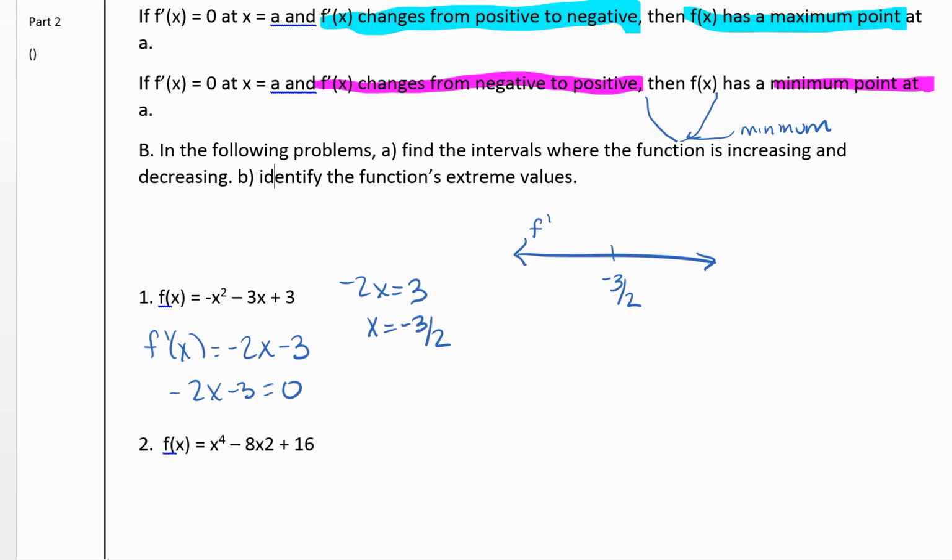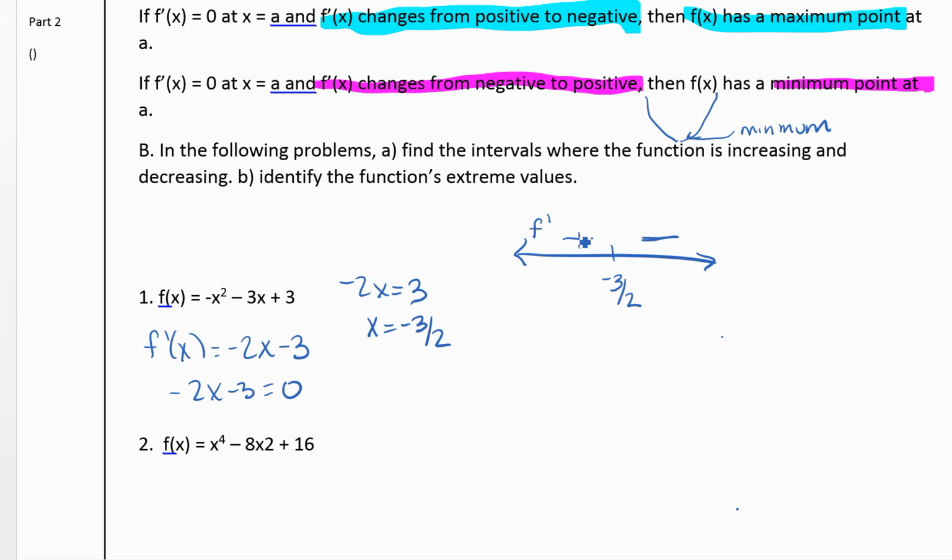I put the f prime here to remind you that you're plugging these test values into your derivative. If I pick something greater like 0, I get negative 3, so we'll put negative. And if I pick something like negative 2, I'm going to get 4 minus 3, which is 1, so this is positive.